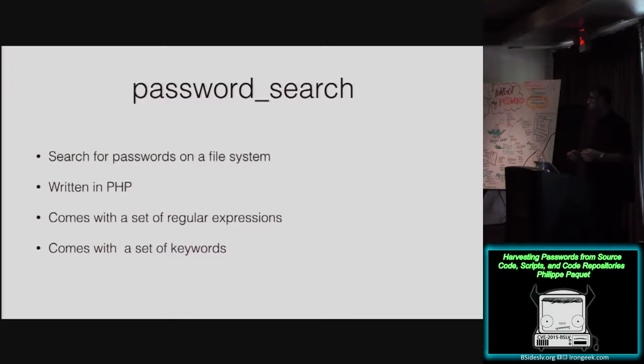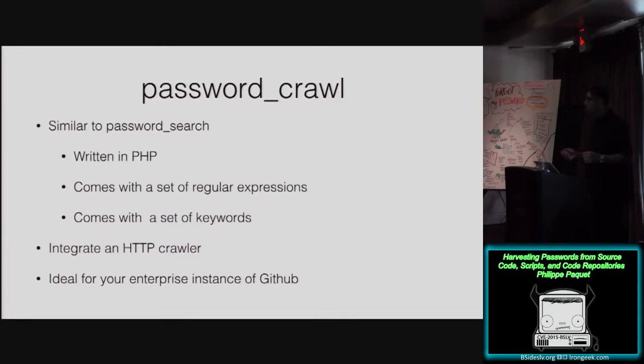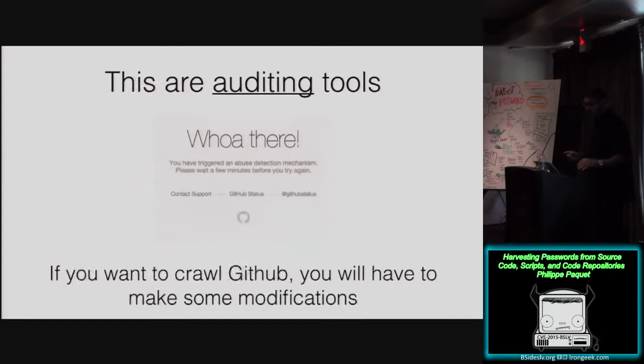I'm going to provide you regular expression and keywords. The second tool is called password crawl. It's very similar, except that it integrates a web crawler. So when you have your enterprise GitHub repository that's private, you're going to point it at it, push a button, and you're going to get extraction of all the password you can find or API key. Now, these are auditing tools.